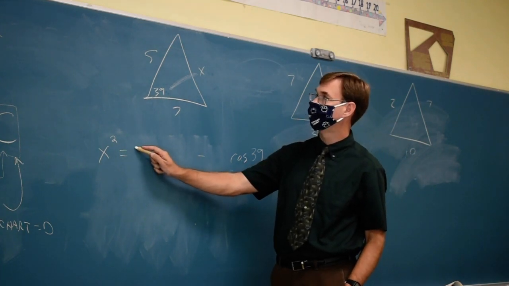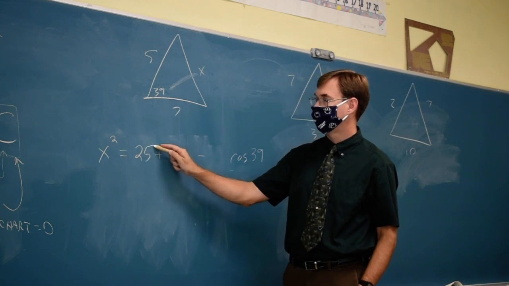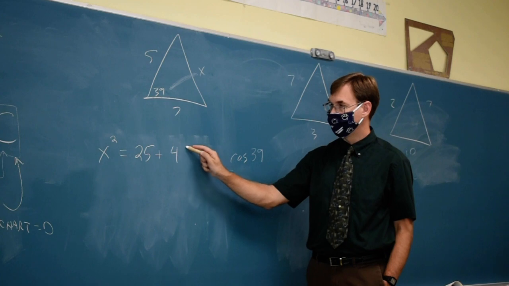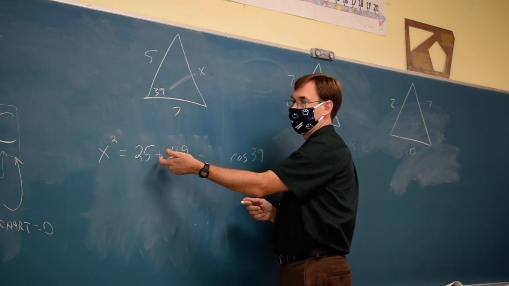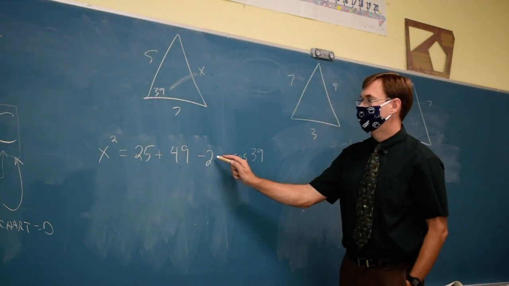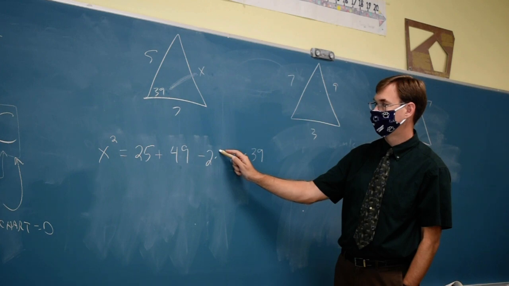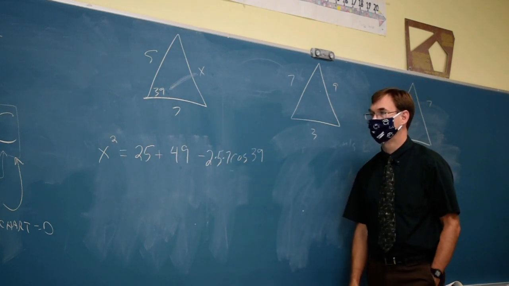This could be 5 squared is 25, or that could have been 49. 7 squared is 49. Those are reversible. It doesn't matter which one you stick with. 2 times 5 times 7, cosine of 39.